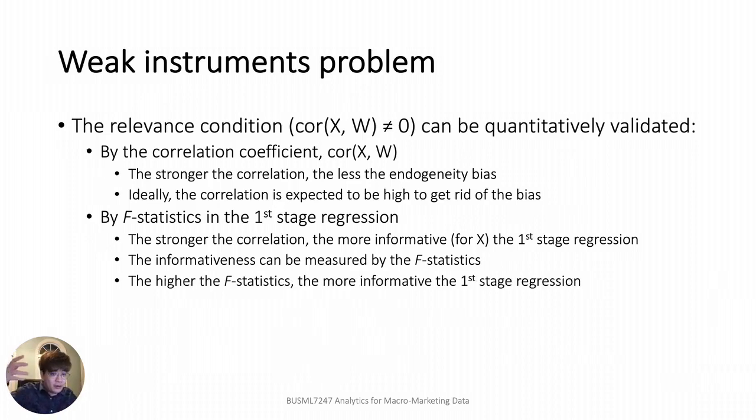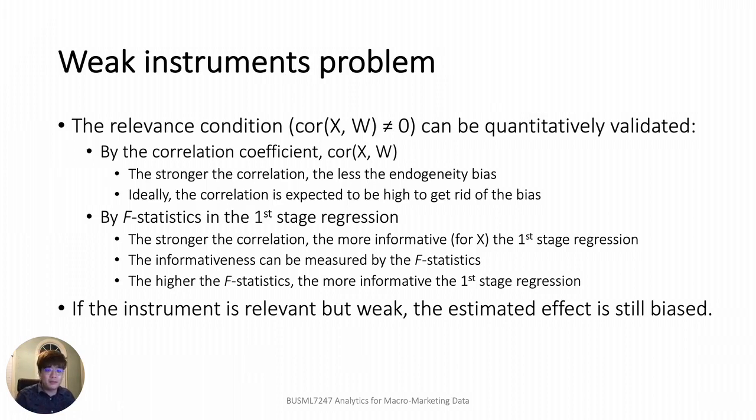So, the higher the F statistic, the more informative the first stage regression. But the problem is that instruments are sometimes weak in terms of the correlation with the endogenous variable. If that's the case, the estimated effect through the two-stage least squares is still biased.